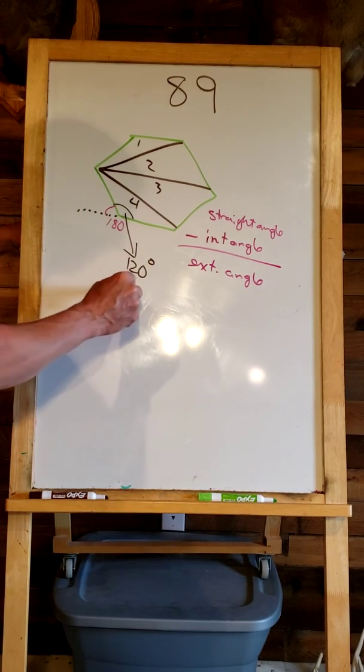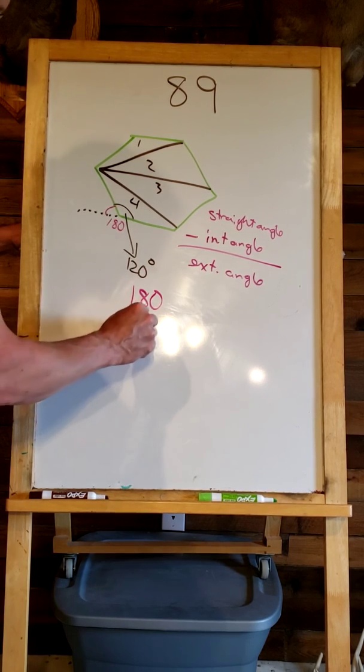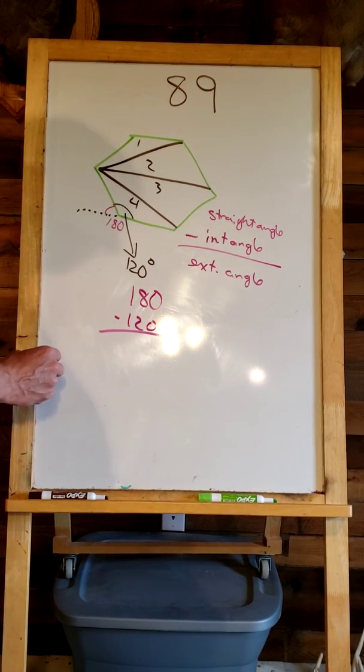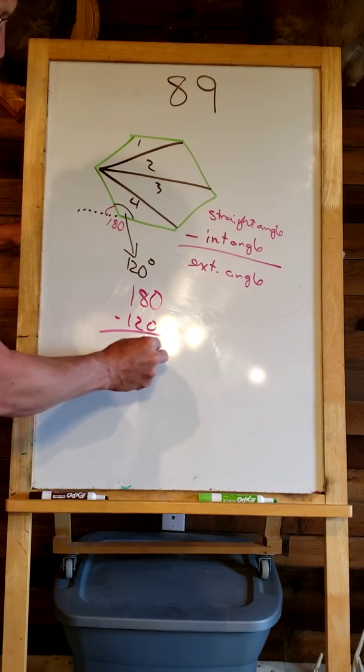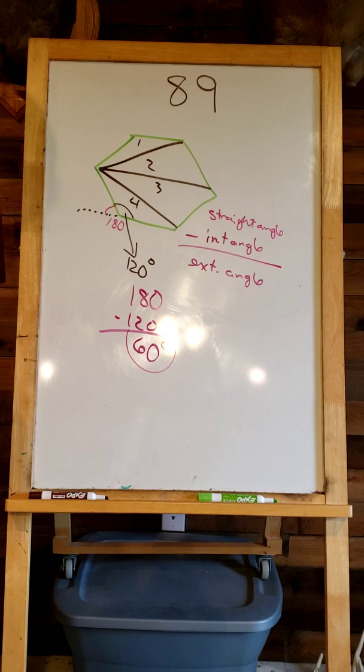So if our straight line is 180 and our interior is 120, that gives us an exterior angle of 60 degrees, which is example 4.